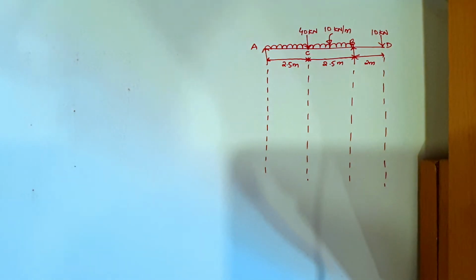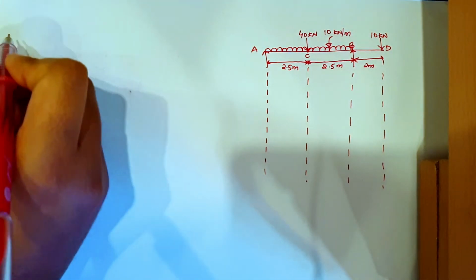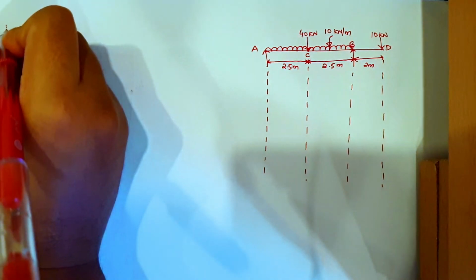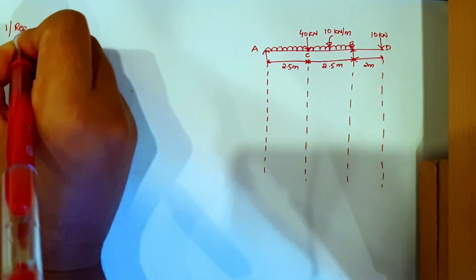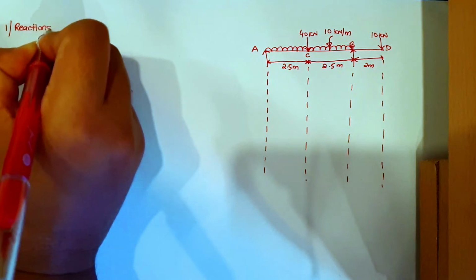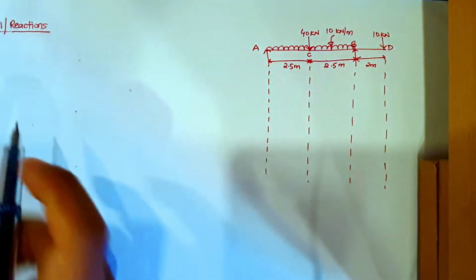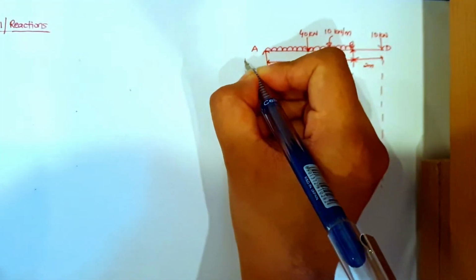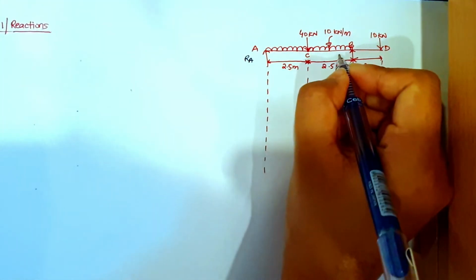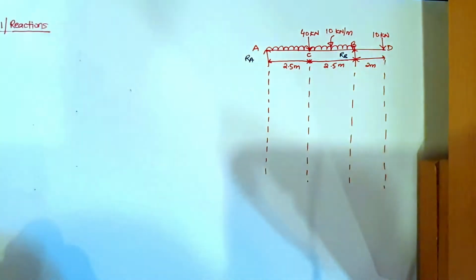Let us solve the last numerical. Let's start by finding its reactions. I'll have RA here and at B, RB.